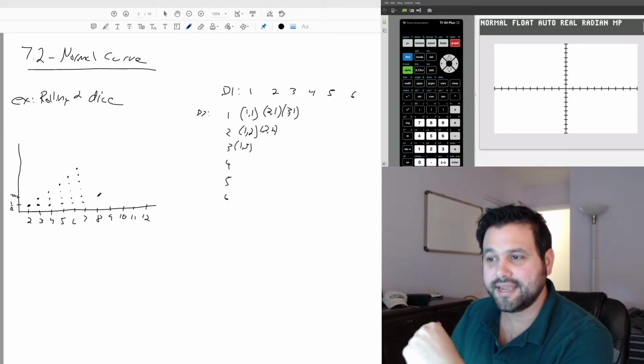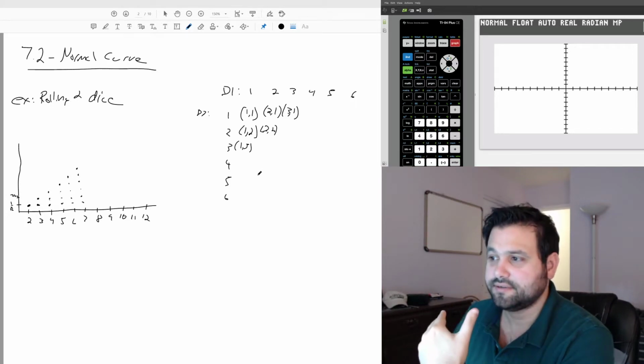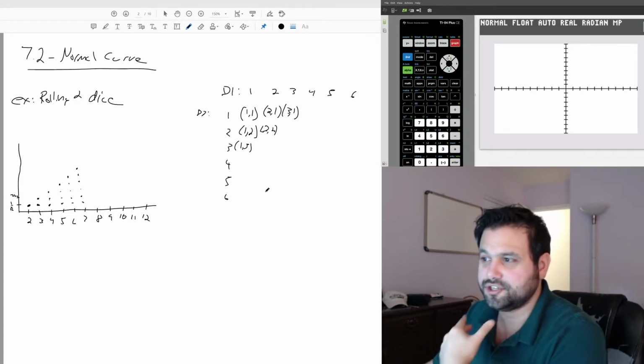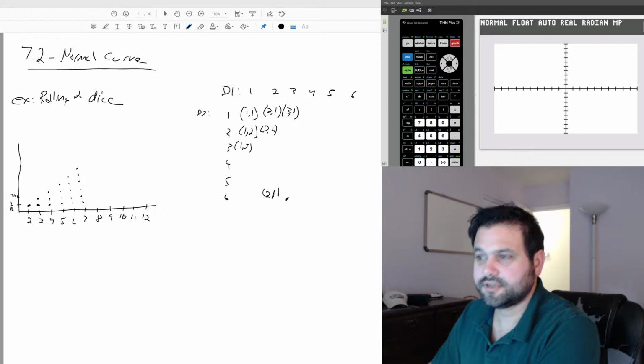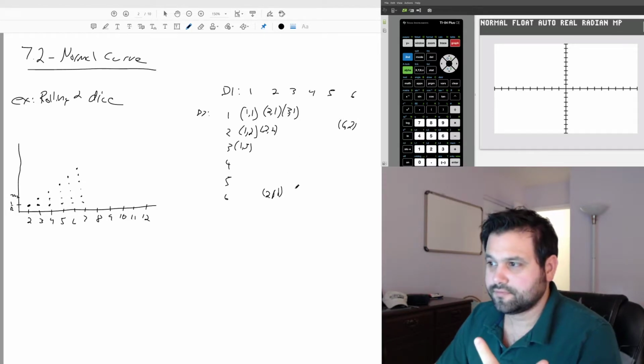Now when I go to 8, how many different ways can I make an 8? Well, I would need at least a 2, right? A 2, 6. Or a 6, 2. There's 2, right?